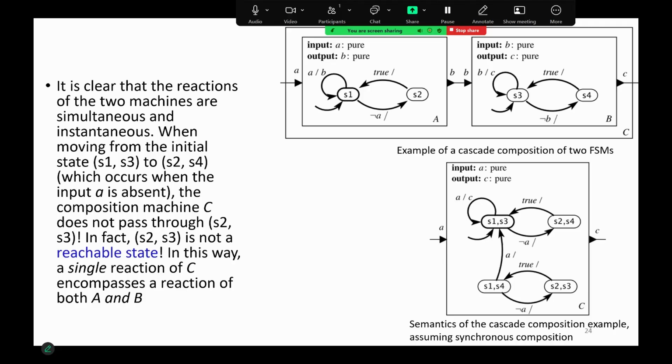And then if you are at 1, 3, and you received A, what will happen? B will fire, right?